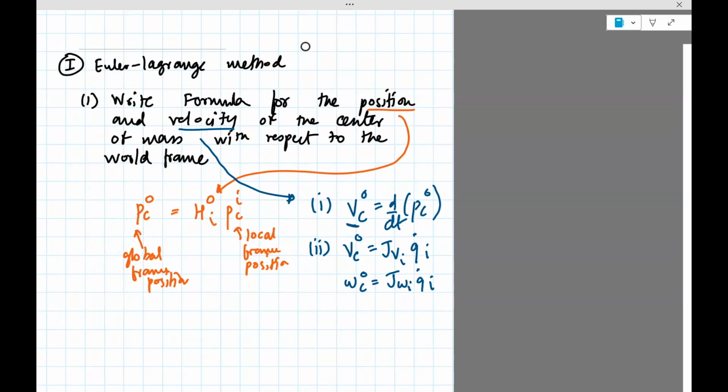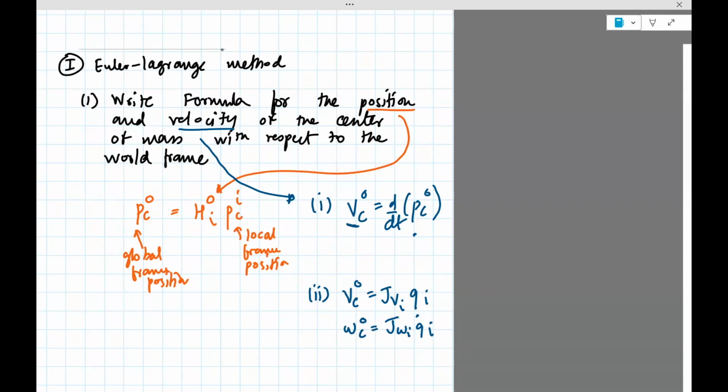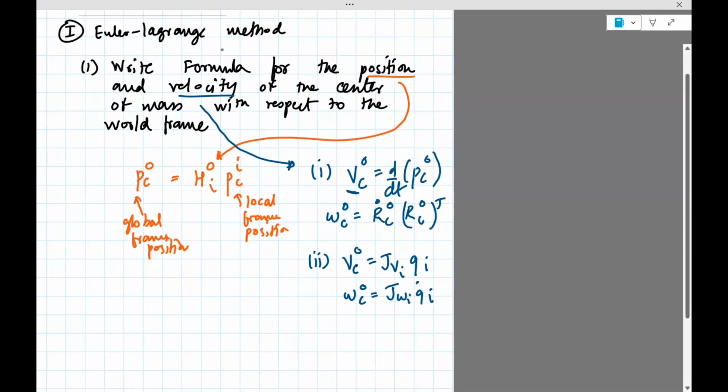I think a better way to write it would be with the R. For angular velocity, you just do R dot times R transpose, which equals S(omega). So yeah, post multiply. So this would be RC0 with a transpose. You need to take the rotation matrix, take its derivative, and multiply with RC0.